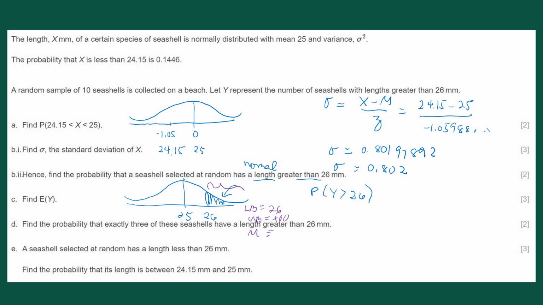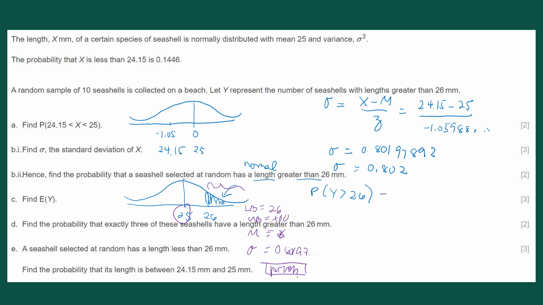So your mean is 25, and your standard deviation is the one you solved a while ago, 0.80197. I hope you saved that so you don't have to copy the digits one by one. So the calculator will give you a certain answer, which is the probability.